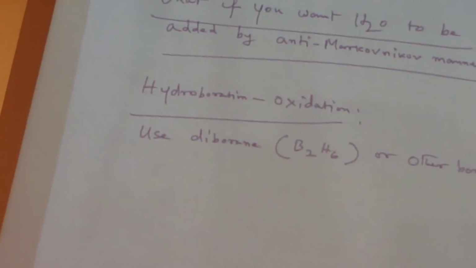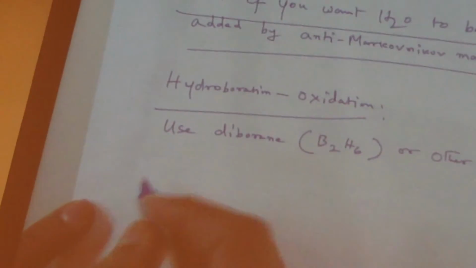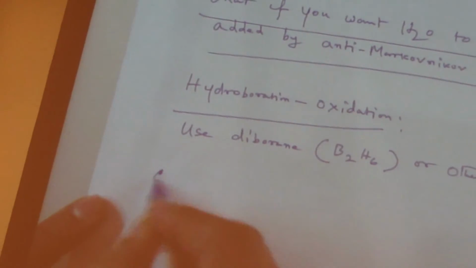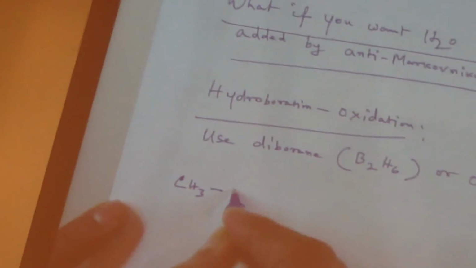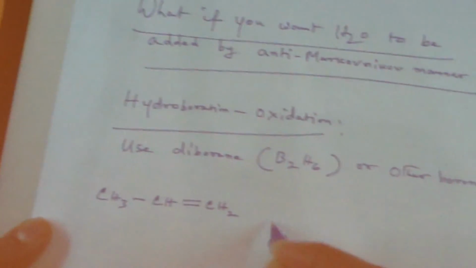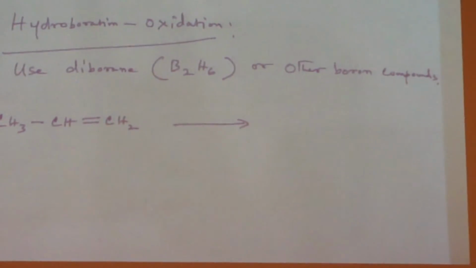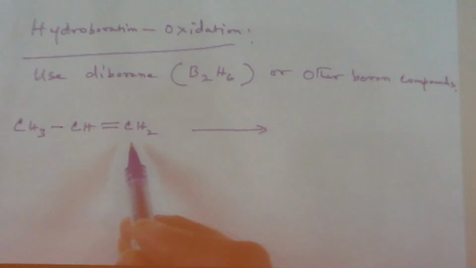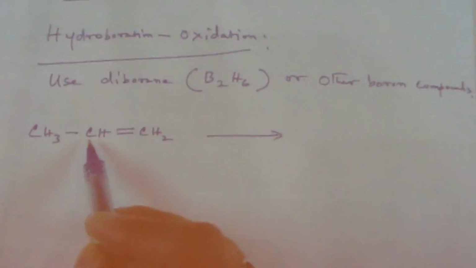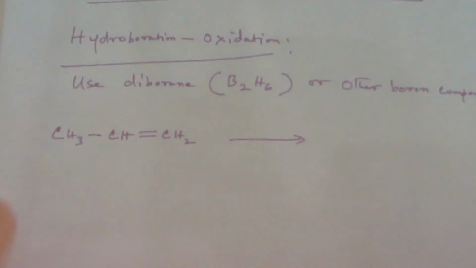So in this process, let's take a simple alkene. And obviously, if you use this one with aqueous acid, the hydrogen is going to go to this carbon, and the OH is going to go to this one, right, according to Markovnikov.